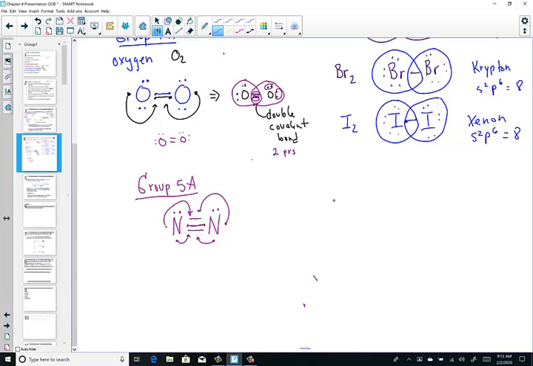Think about that. If 8 is the magic number that all the atoms would like to have, nitrogen has 5 valence electrons. It's going to need 3 more, 3 shared pairs of electrons. So let's clean that up. This is too messy. This is my workspace, but this is the final answer where you see nitrogen with a triple covalent bond.